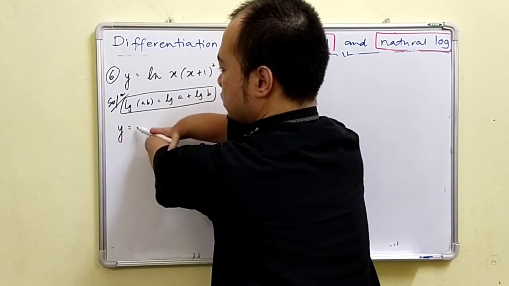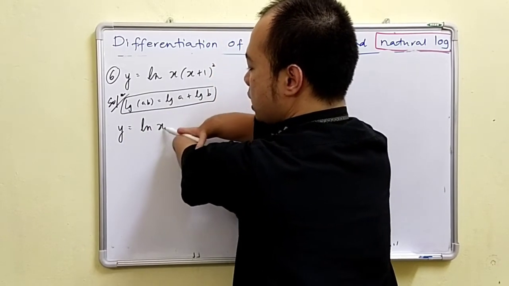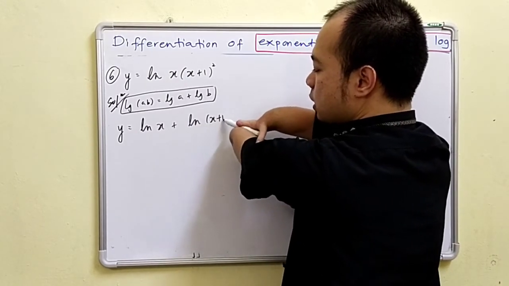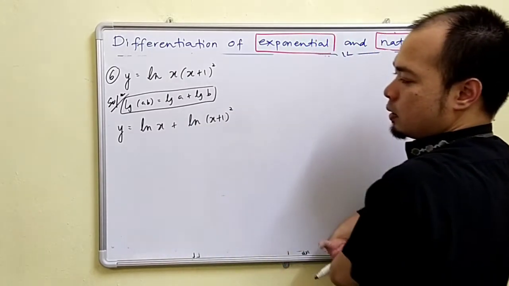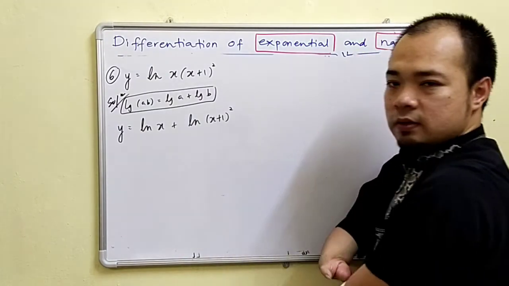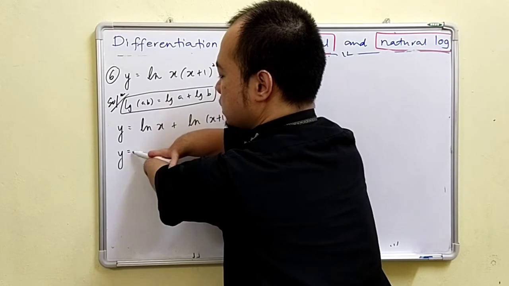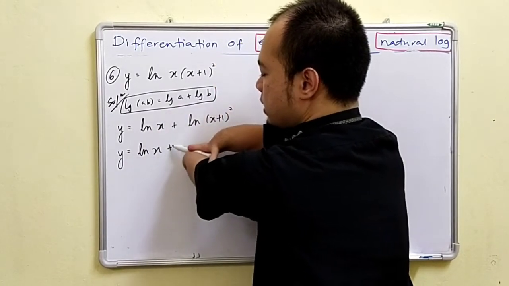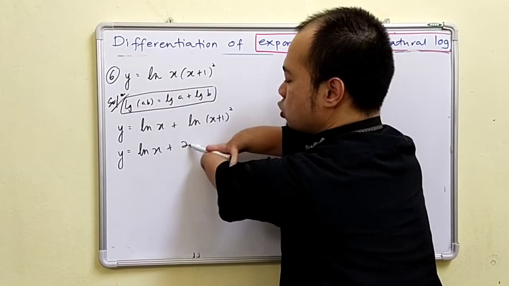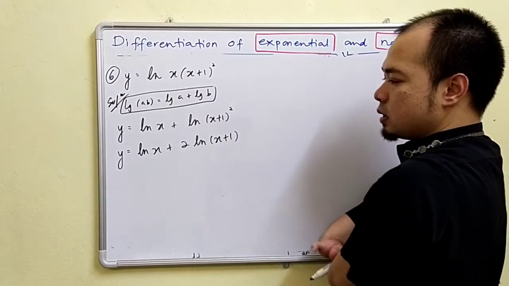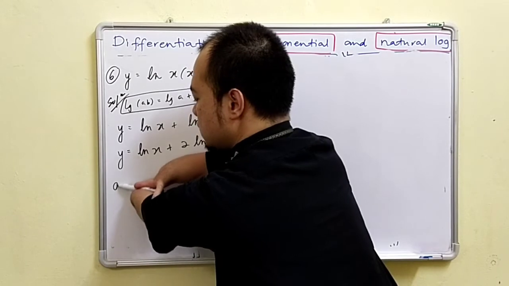So y is equal to ln x plus ln in bracket x plus 1 squared. Can I differentiate right now? Not yet. You have the power. So y is equal to ln x plus, bring down the power, 2 ln x plus 1.